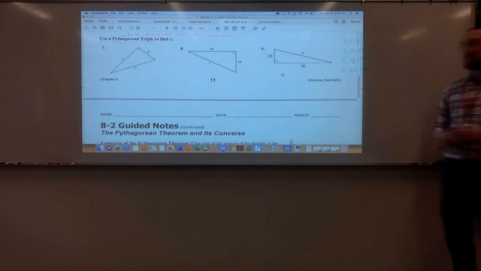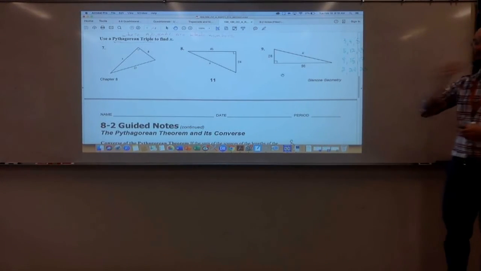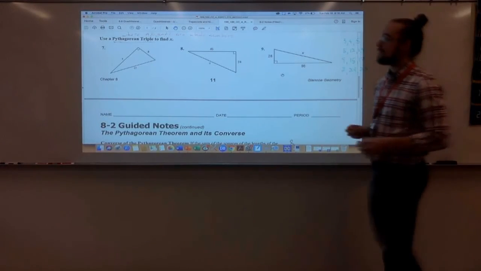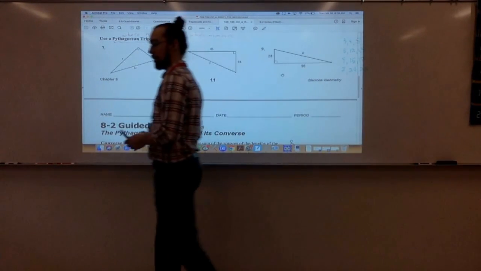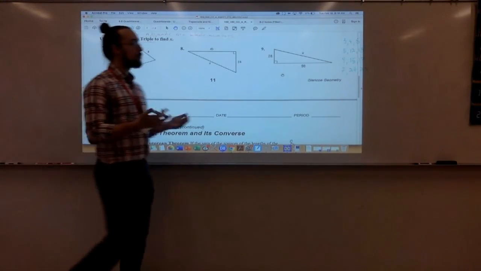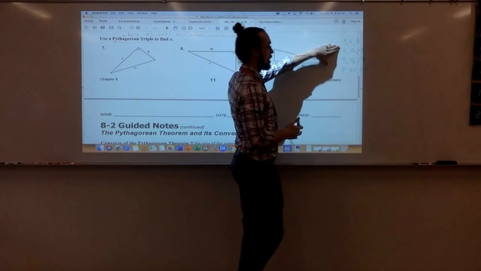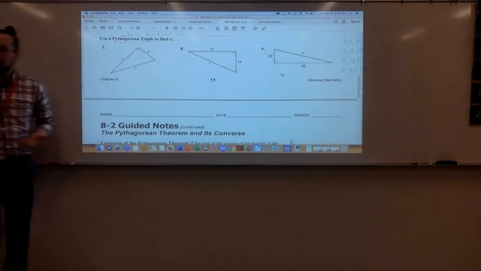Like, what is this applying for though? So Number 7 will be 15 because there's 8 and 17. So 8 squared plus 15 squared. It's just easier. Exactly. So if you know this list, then you don't have to do any work.